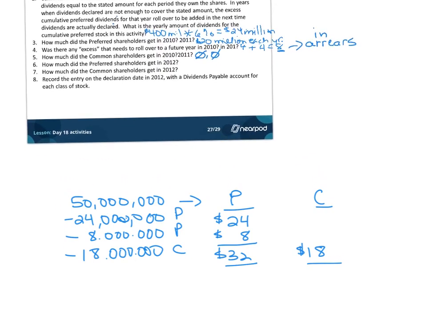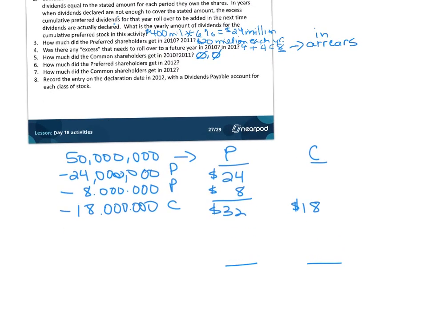The last thing, I ask you to record an entry with the dividends payable account. This is what it would look like. You could just do retained earnings or dividends, right? Just like the other examples. For 50. And then I ask you to split the dividends payable into 2 pieces.